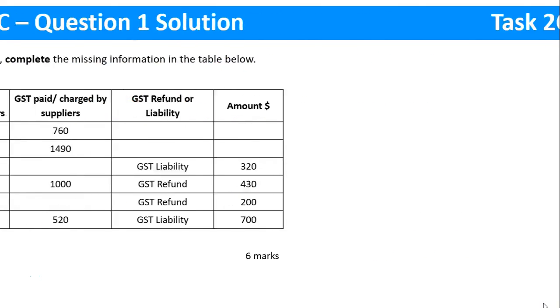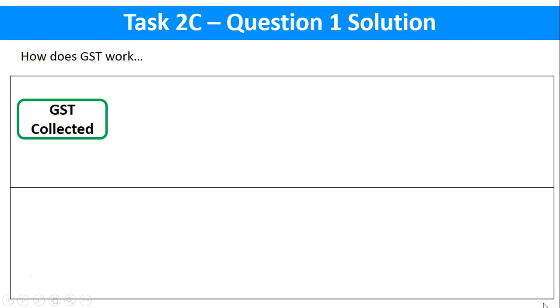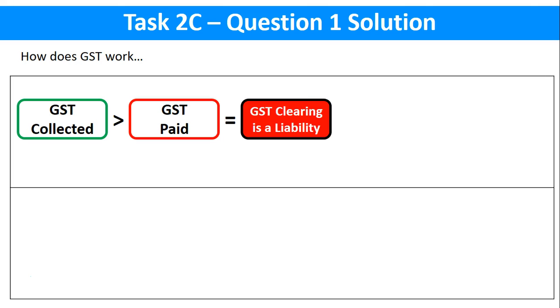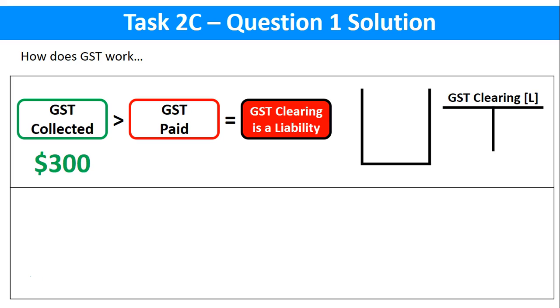So to answer this, what we need to remember is how GST works. Basically, when a business collects more GST than it pays, it is going to have a GST liability. The analogy we use is a big tub of liabilities, and we can also express it as the ledger, where it's always classified as a liability, even though sometimes it might be an asset.